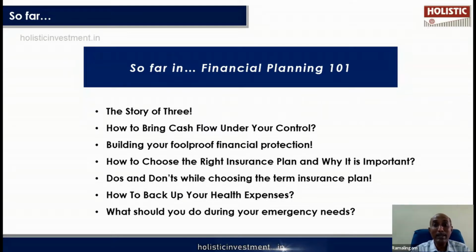How to choose the right insurance plan, why term insurance is important and how to choose it, what the do's and don'ts are, what kind of health insurance cover you should have, and how you tackle your emergency requirements. All these things we have delivered in our previous sessions.